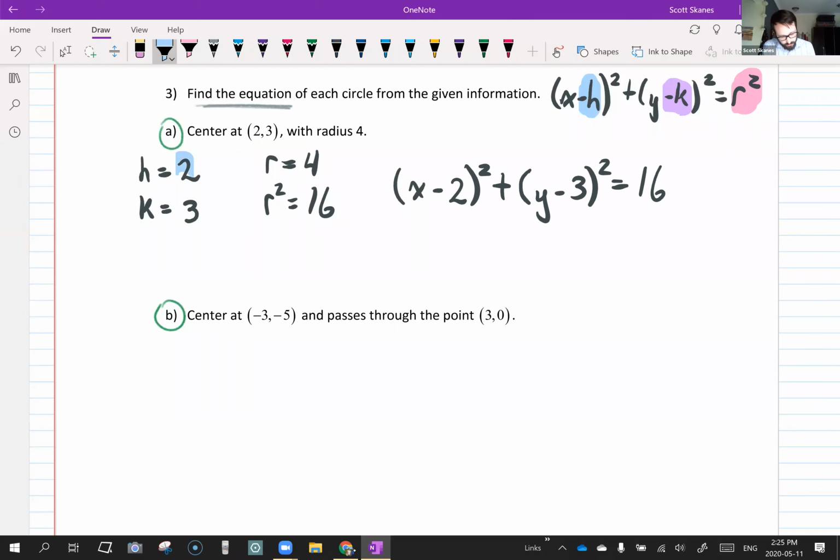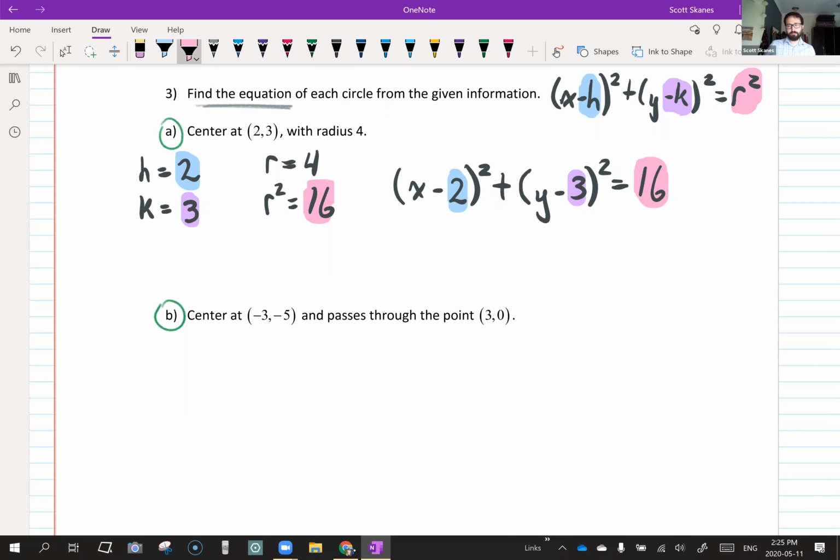So just to match, this is our h. We subtracted it. This is our k. We subtracted it. If it was negative, we'd make it positive. And this is our r squared. And so we put it in here. So I hope you see that this is very, very logical. Circles are not difficult. We only deal with center and radius for circles. Those are the only 2 things.